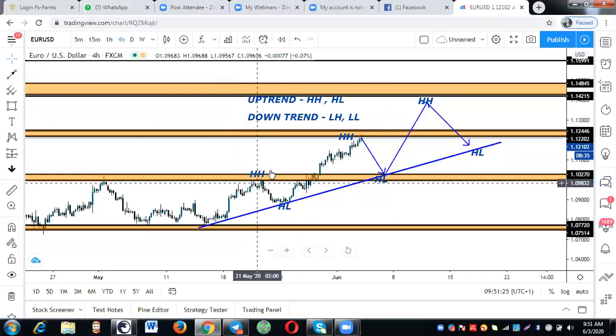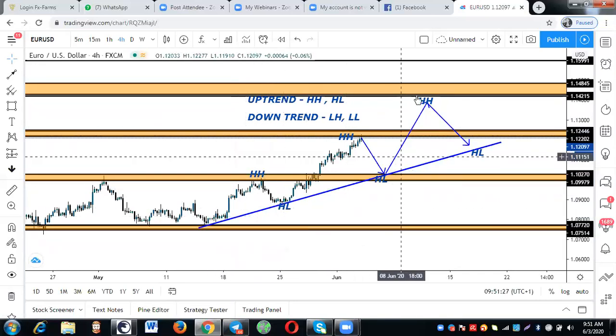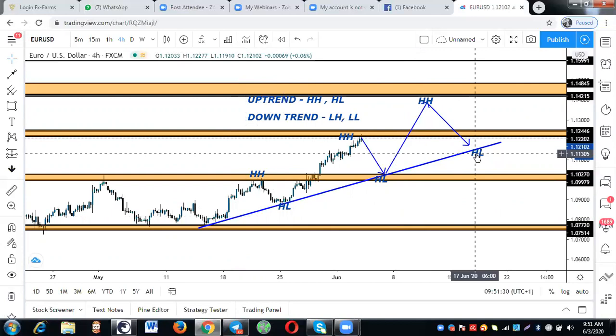So we have a higher high, higher low, higher high, higher low, higher high, higher low. So this is an uptrend.